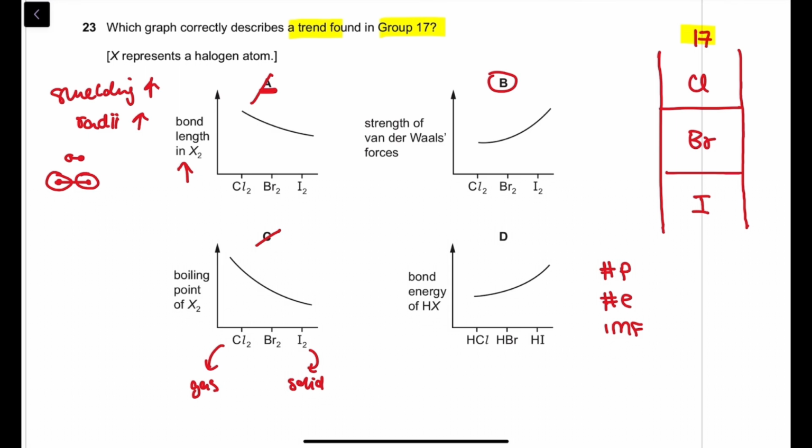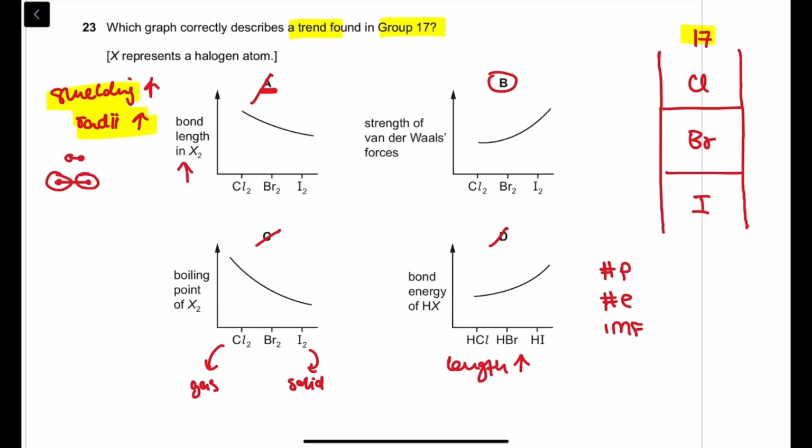If we look at option number D, it says the bond energy increases as you go down the group with hydrogen halides. However, that is not the case, because if we go back to our explanation for A at the start, the bond length increases. Therefore, less energy is needed to overcome a hydrogen halide bond as you go down the group.